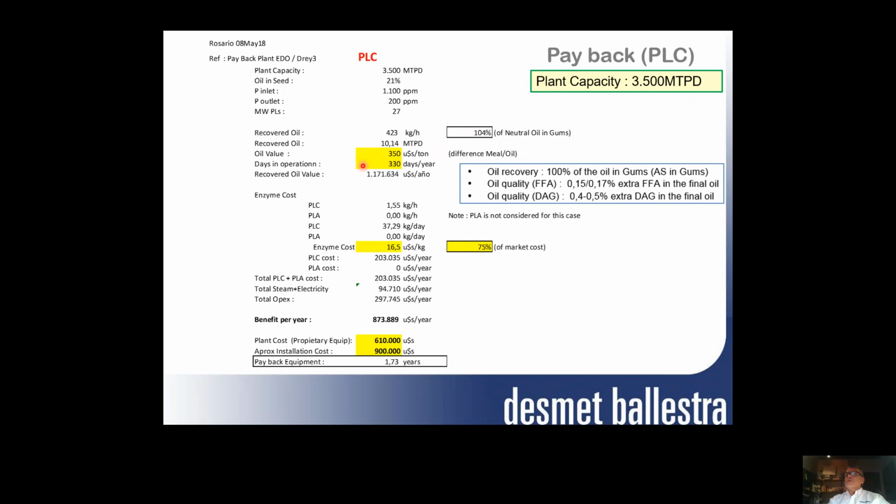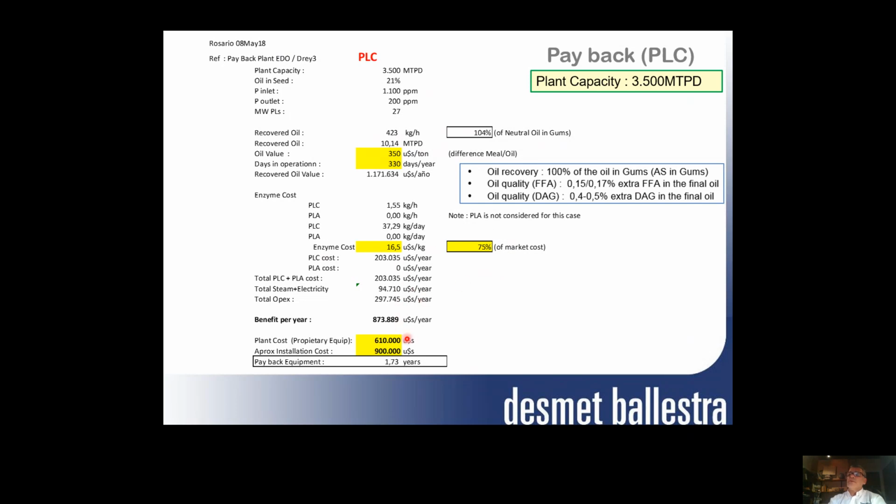In this case, 330 days per year in operation, and the enzyme cost about $16 per kilo, which is about 75% of the market cost, but it's something that the enzyme supplier is ready to give as a discount.